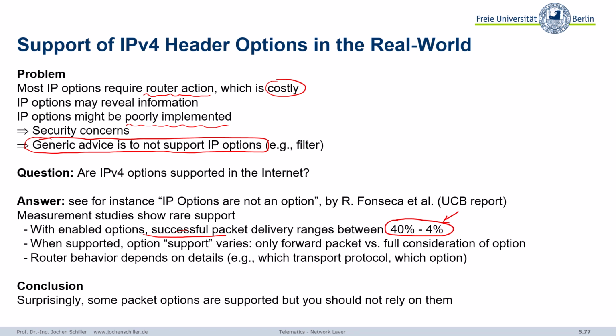Some implementations and some routers support options, some simply forward the packets. It depends on details, on transport protocols, on which options. So yes, some are supported, but you should not rely on them. This tells us that if you cannot rely on some features, don't use them, because you don't know if they are really implemented, and then you get unpredictable behavior.